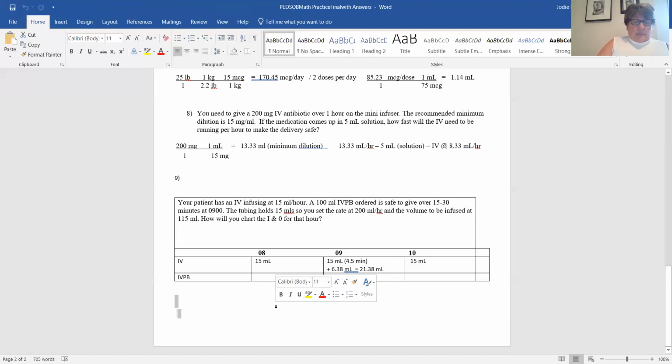So on that problem, you'll ultimately have 15 times 60, the 60 minutes, and then you'll divide by 200 for the milliliters, and that will be 4.5 minutes that it will take for that 15 milliliters to run in if you're running your IV at 200 mils per hour.